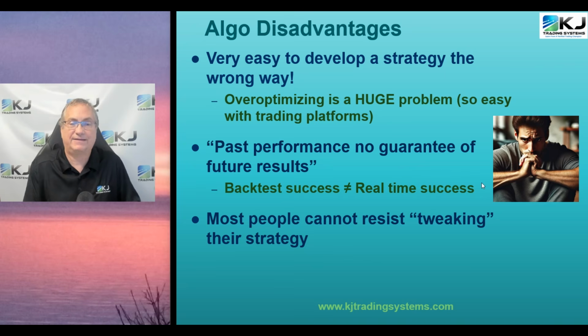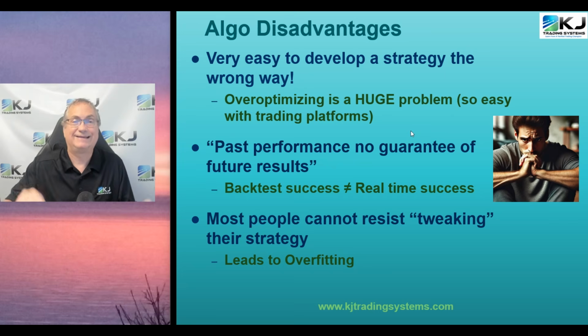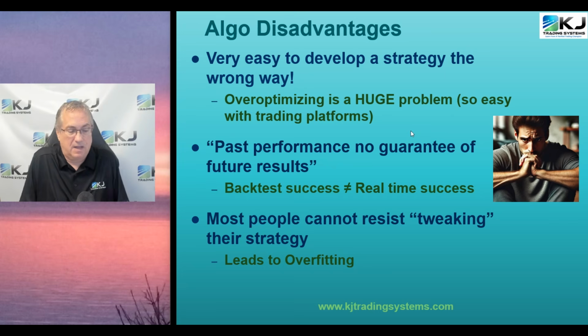They get a better backtest, but guess what? Real time is going to be worse, because that type of strategy building leads to overfitting, and you don't want to do that. You don't want to unnecessarily tweak your strategy. Luckily, there are some guidelines you can follow to prevent that, but most people do this, and you've got to watch out for it.